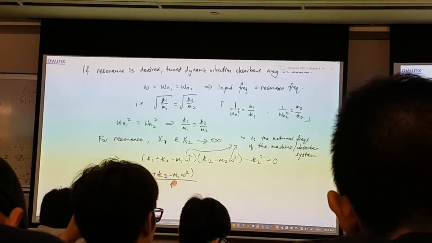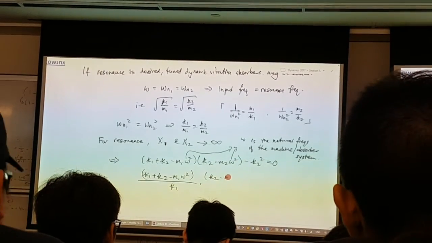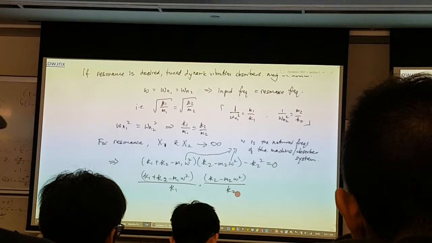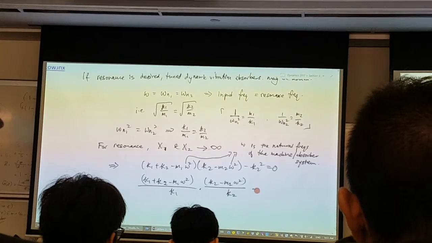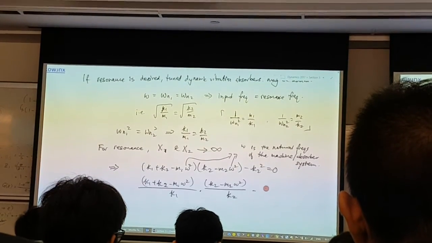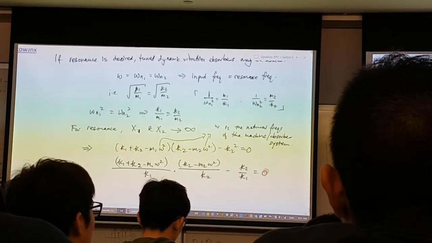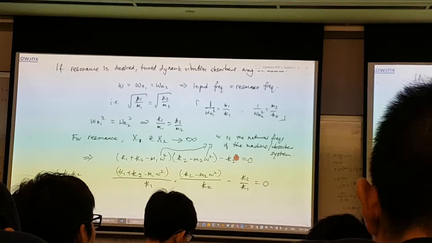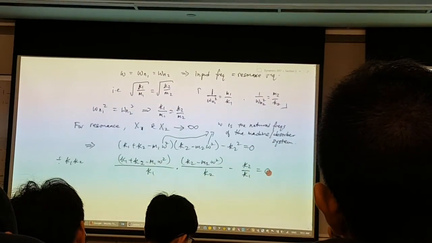This divided by k1 and that part there divided by k2. And then this one, k2 squared divided by k1 k2, the square cancels off, resulting in k2 over k1.